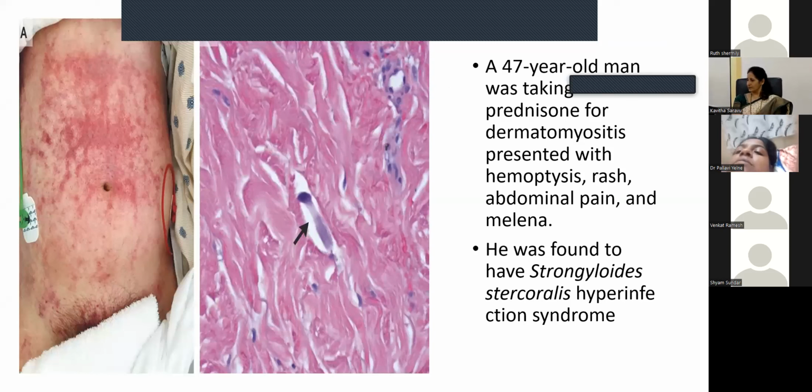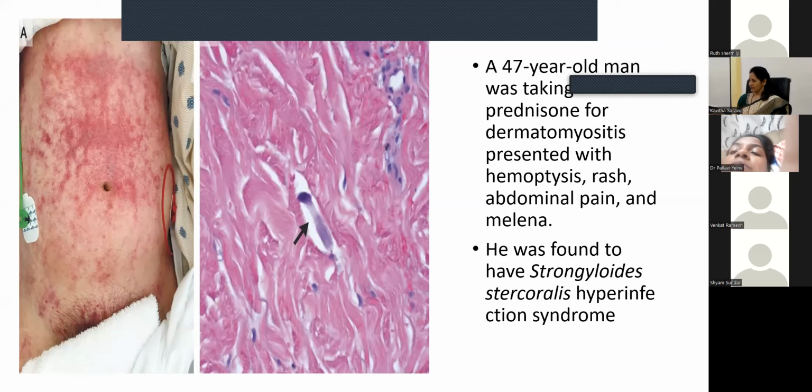So here is another patient, a 47-year-old who was taking steroids for dermatomyositis, and he presented with hemoptysis, rashes, abdominal pain, and melena. He was found to have Strongyloides stercoralis hyperinfection syndrome. Whenever this hyperinfection syndrome is present, you should consider it a potential medical emergency.